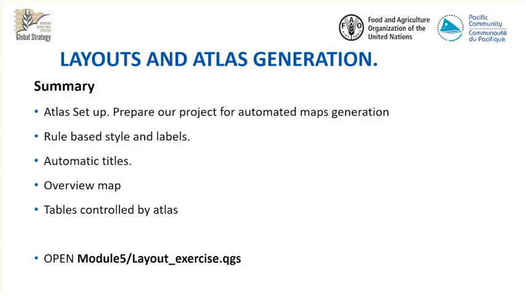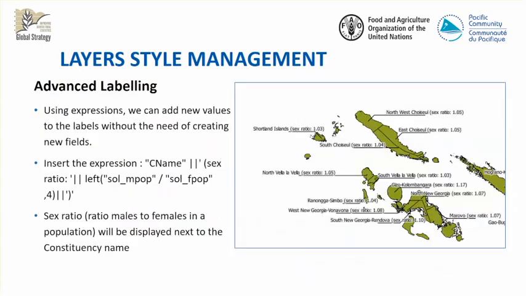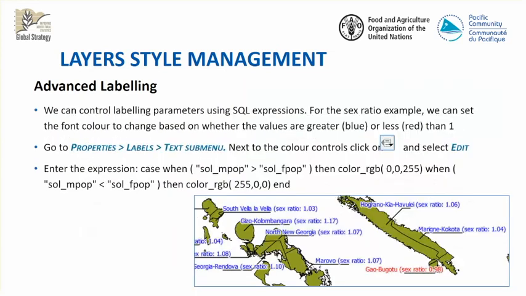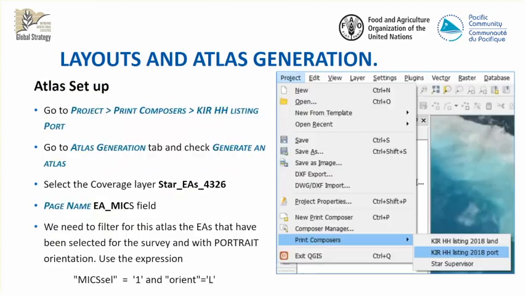Be sure that we have time enough to go through the atlas tool, and then if at the end of the day we still have time and energies, we go through this. But these other labeling exercises, you can play with them on your own, because all the expressions are in the expression text file.